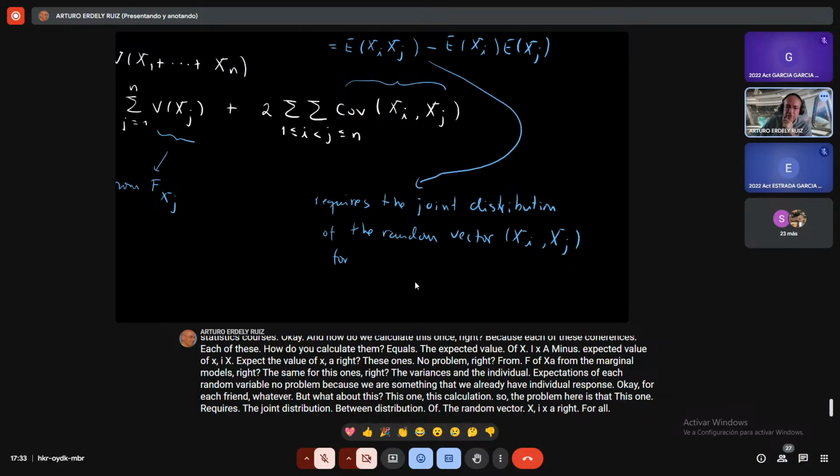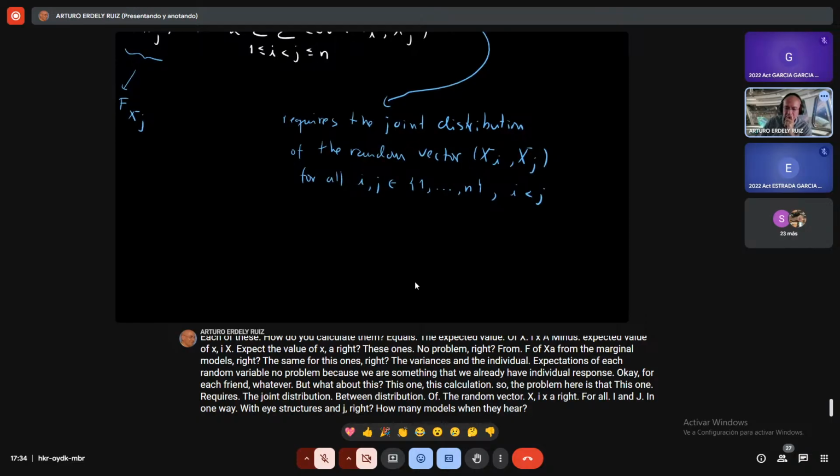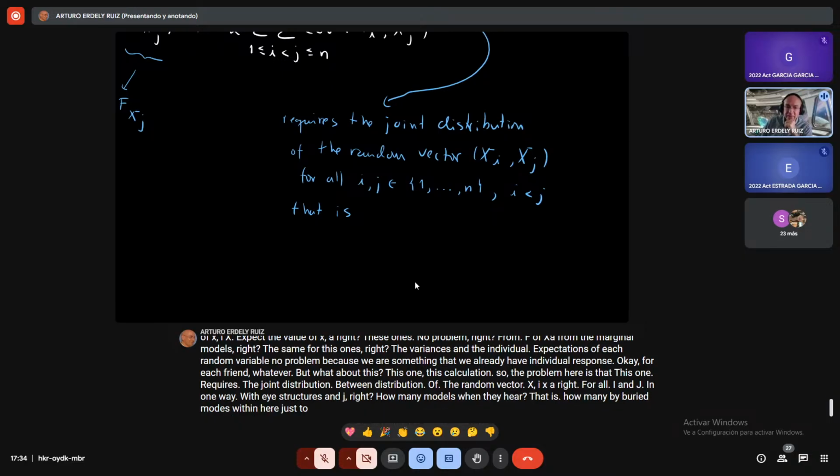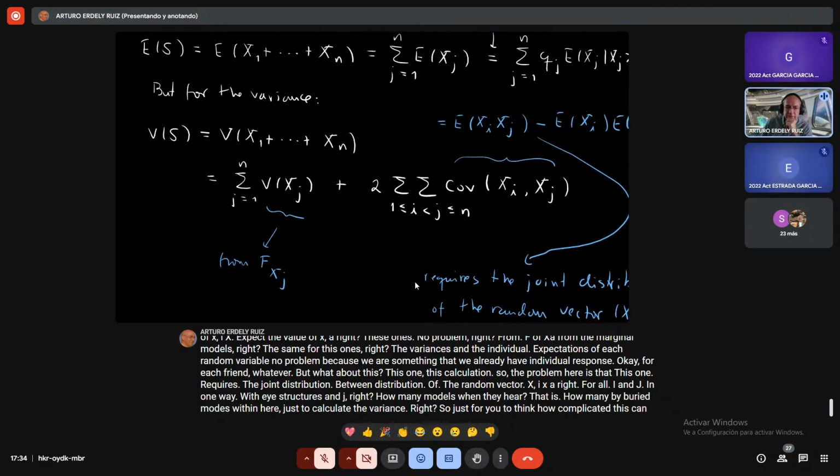For all i and j in 1 to n, with i strictly less than j, right? How many models do we need here? That is, how many bivariate models do we need here, just to calculate the variance, right? So just for you to think how complicated this can be, right?